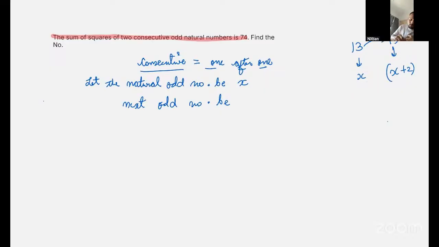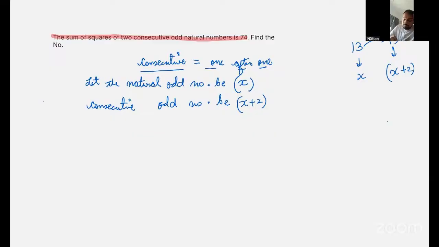Say yes or no. The next odd number, or we can say consecutive odd number, will be x plus 2. Did you understand how I solve this? Consecutive means the number after the number.